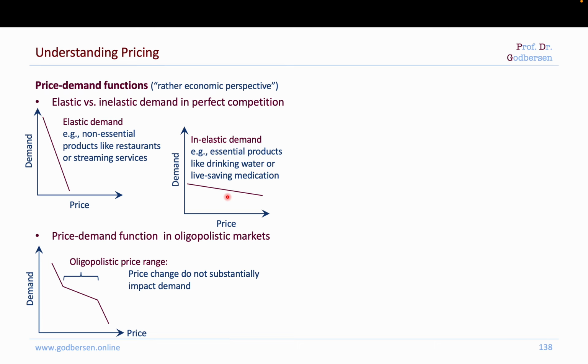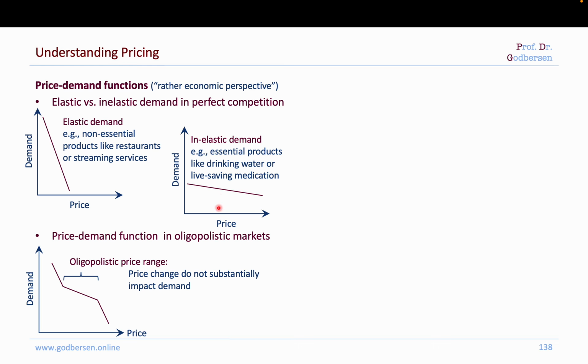And that is something, as a customer, we do not want to have. We are at the mercy of the suppliers, of companies. Anyway, going back to the perspective of a business manager, you need to understand what kind of demand you're having there, rather elastic or rather inelastic. That has an effect on how much you can do with the price.